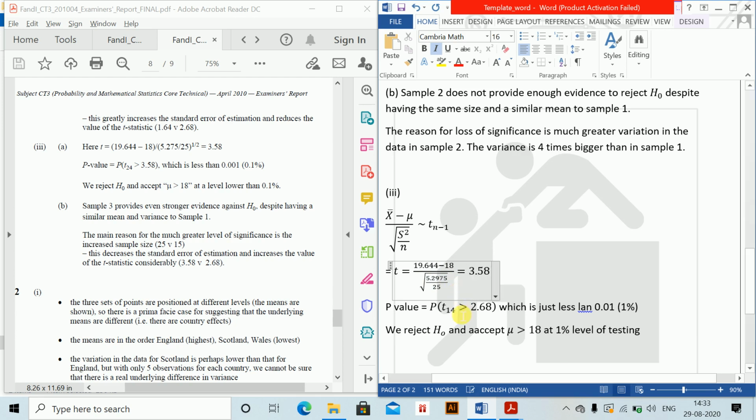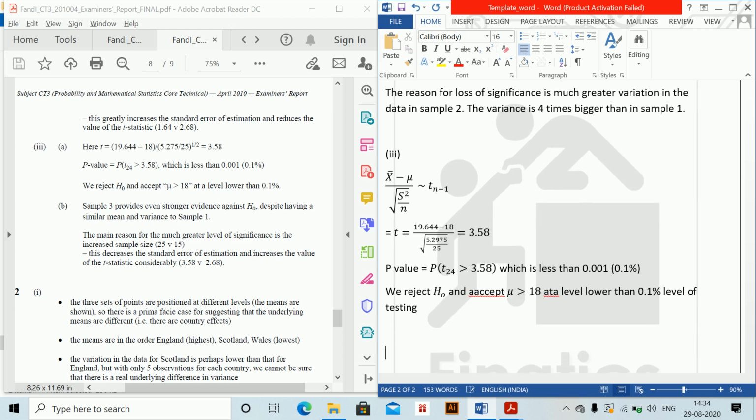Okay, now probability of T24 to be greater than 3.58 is less than 0.000001, which is 0.1%. We reject H0 and accept mu is greater than 18 at a level lower than 0.1% level of testing. Okay, so this is there.